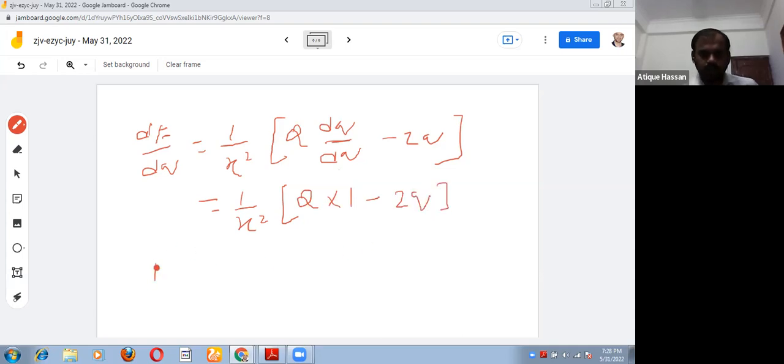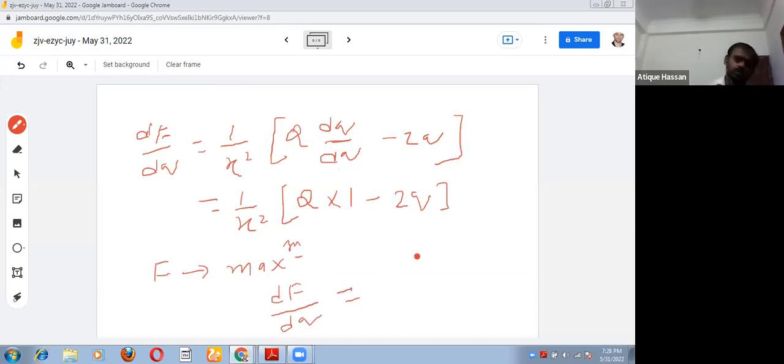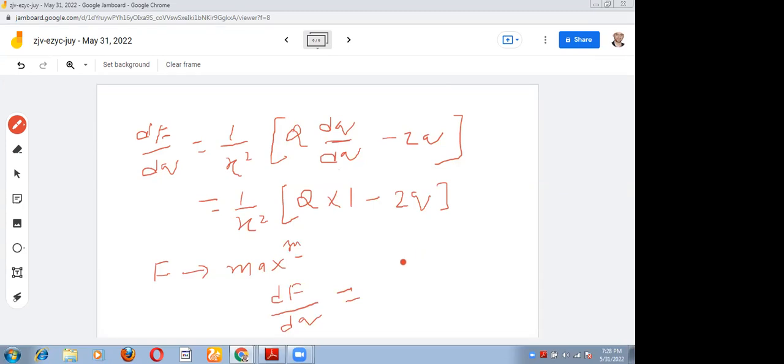Now for f to be maximum, df by dq should be equal to, this is the value of df by dq. For f to be maximum, what is the value of df by dq? Q minus 2q upon x squared.